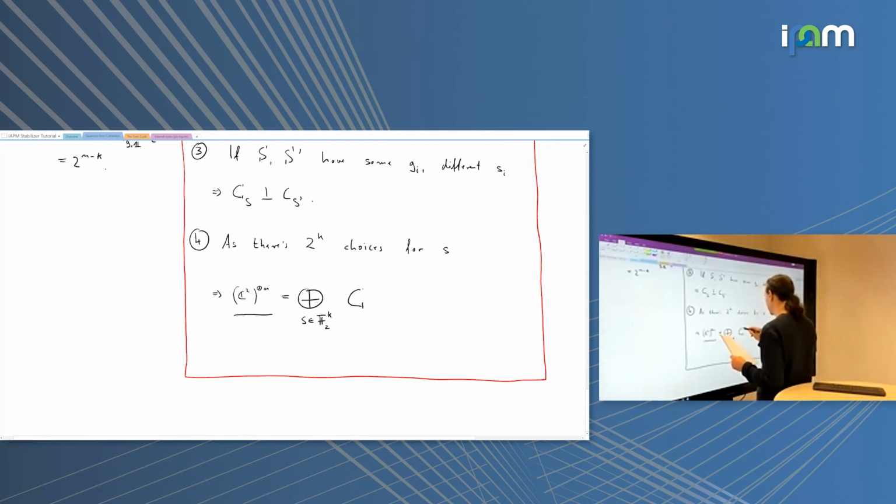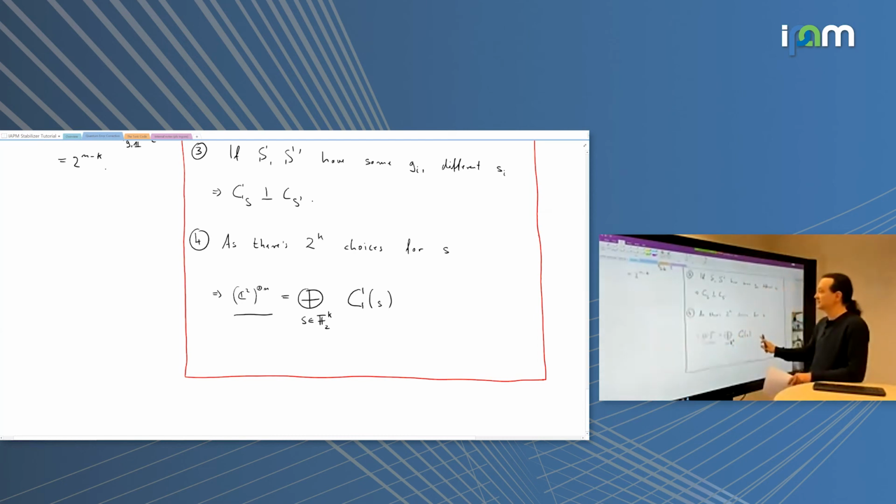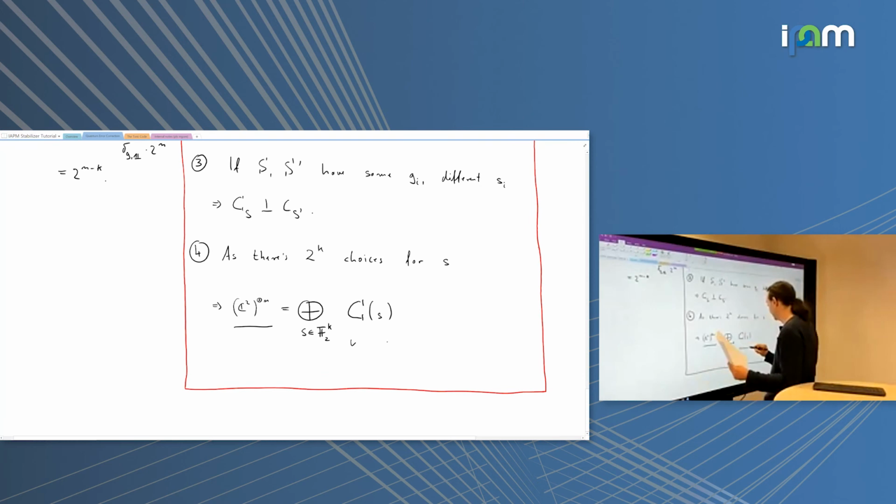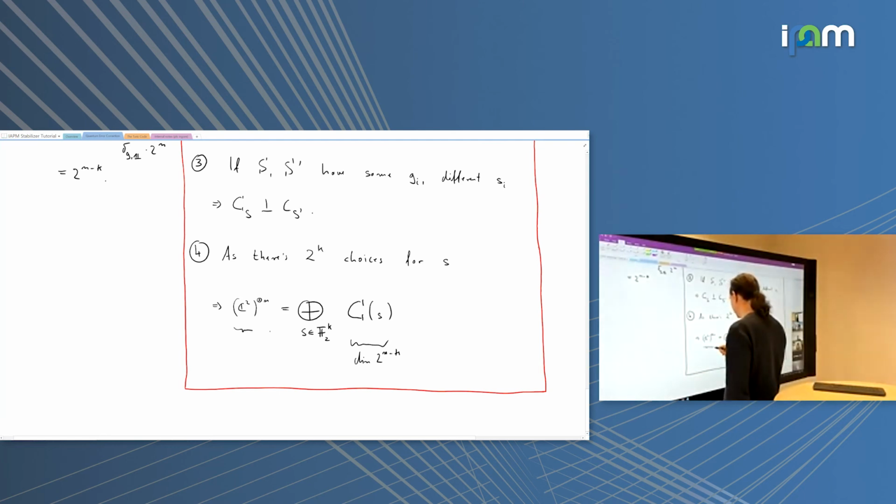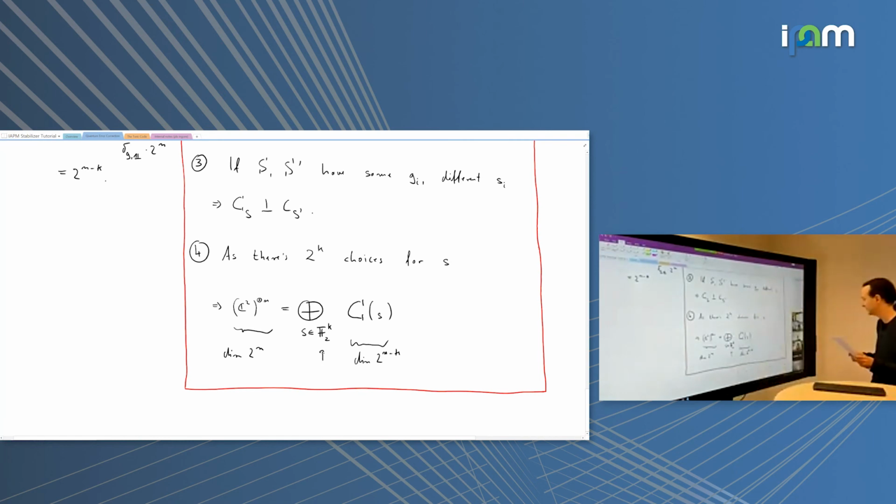And then I get a copy of this code, which depends on the choice of phases. So let's call it C of S or something. Because each space here has dimension 2 to the n minus k, and here I have dimension 2 to the n, and I have 2 to the k summands, I've actually found a complete decomposition. This is going to be important, that I can decompose the entire space this way.